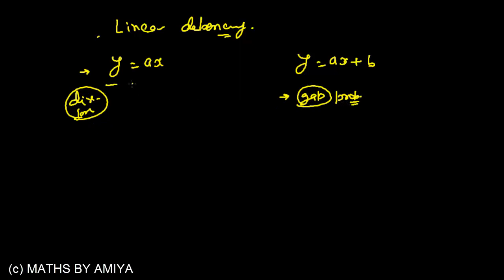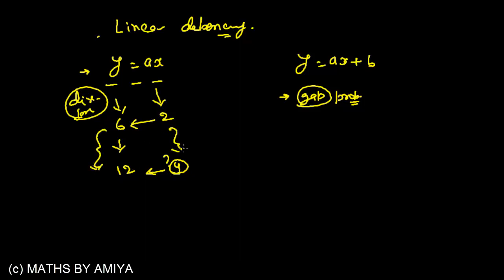The meaning of direct proportion is: when y is equal to 6, x is equal to 2. When y is equal to 12, what should be the value of x? We know, or we can say, if this doubles, this should double. So the change in y would do the corresponding change in x in the proportionality terms.